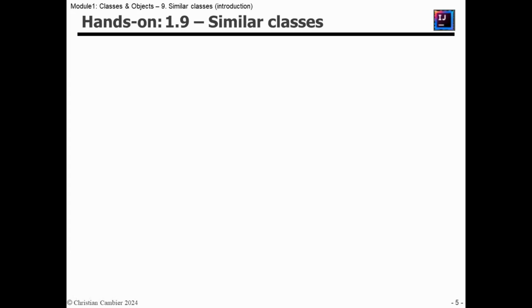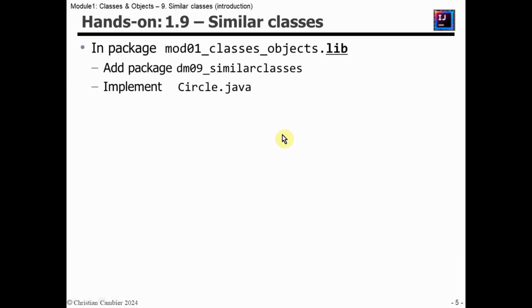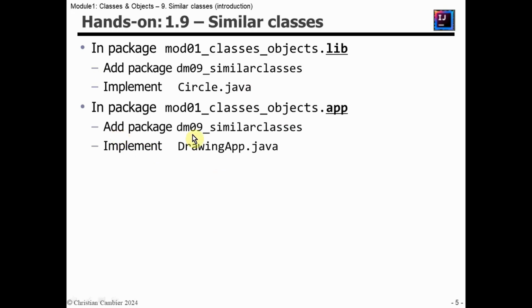Let's put all this into practice in the hands-on video. So in the lib package I add package demo9 similar classes and add and implement Circle.java, and in the app package I add the same package demo9 similar classes as well and test the Circle class in the client DrawingApp.